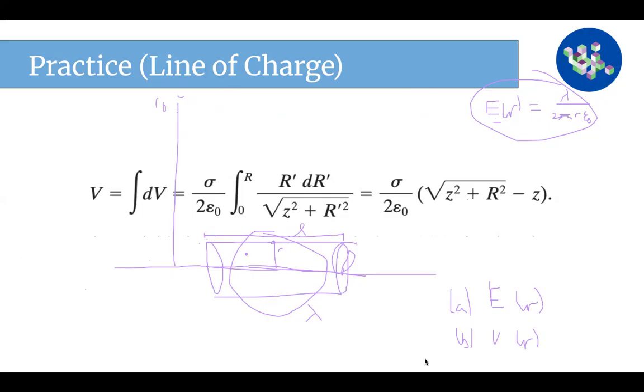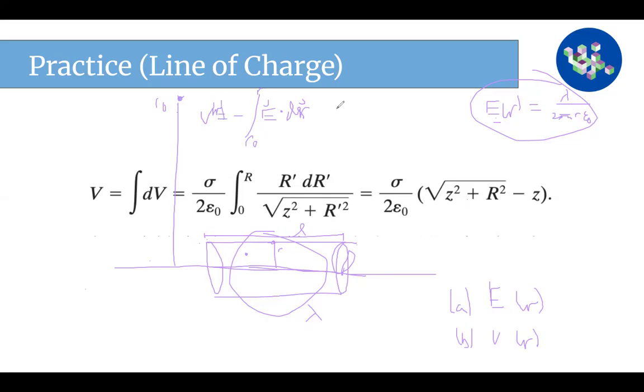V equals the negative integral of E dot ds, or dr, or whatever you call it. We can call it dr here. And we're setting potential to be zero at a distance r0, right? So it would be the integral from r0 to r, and this would be V as a function of r, right?